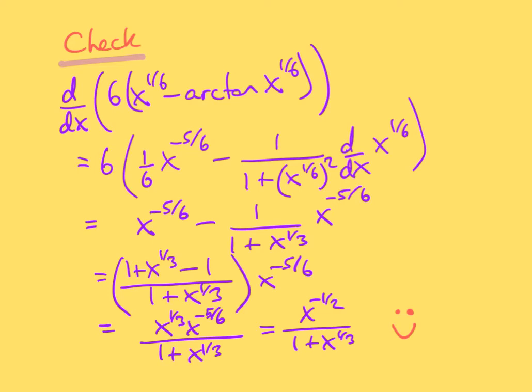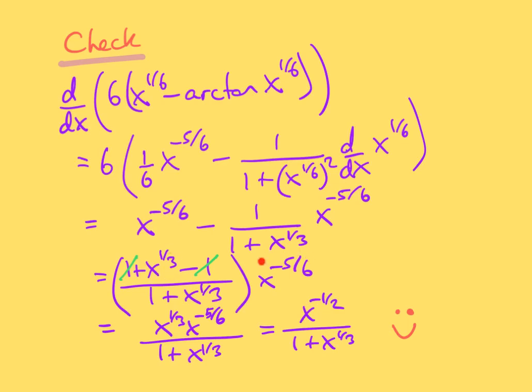This is 1, so we have 1 plus x to the 1/3 over 1 plus x to the 1/3, and then we've got minus 1 over 1 plus x to the 1/3, and so you see that the 1's here and here cancel, and we are left with a factor of x to the 1/3.